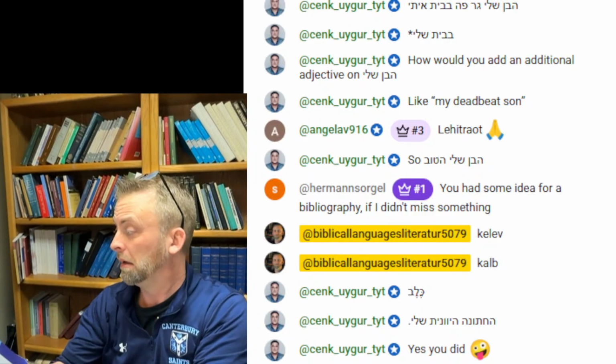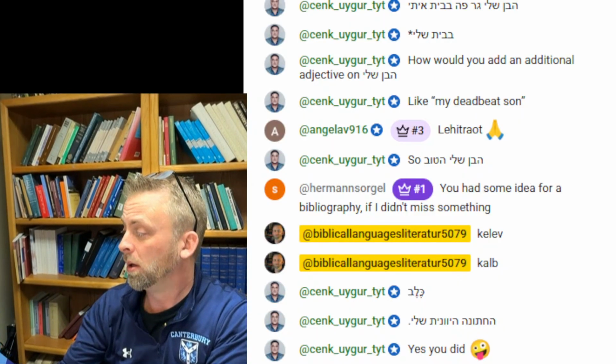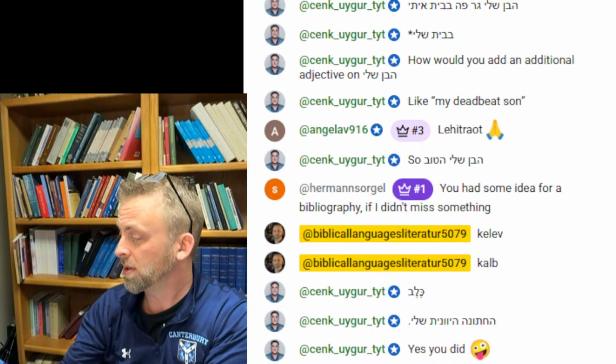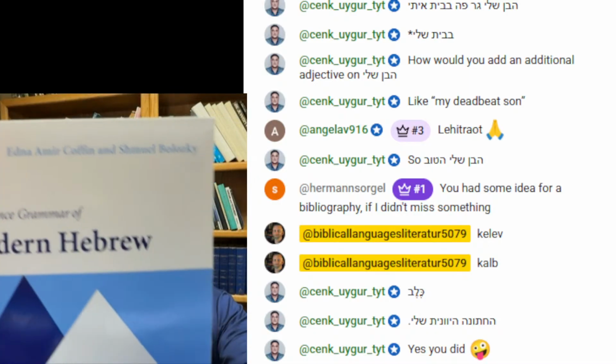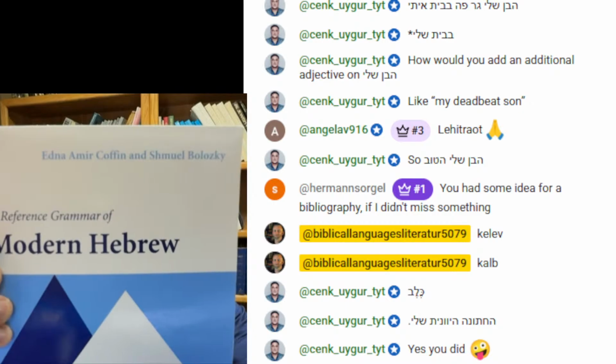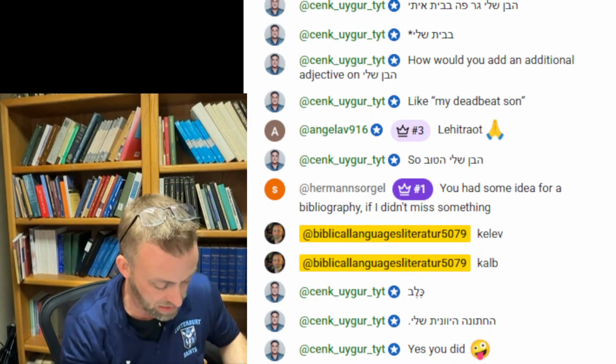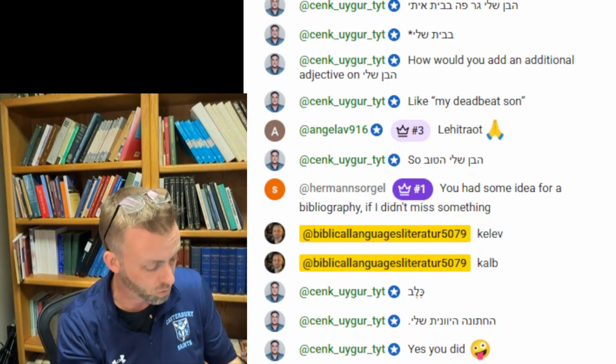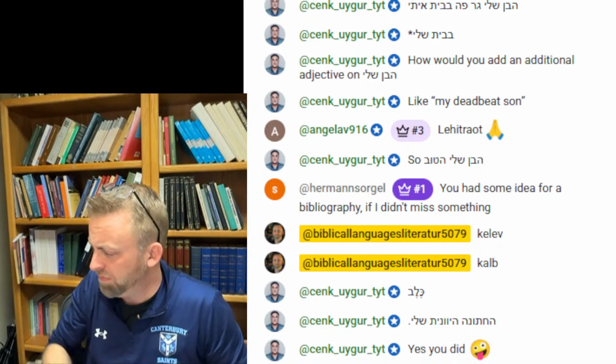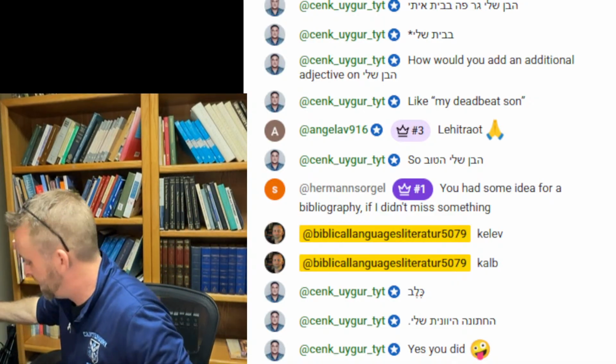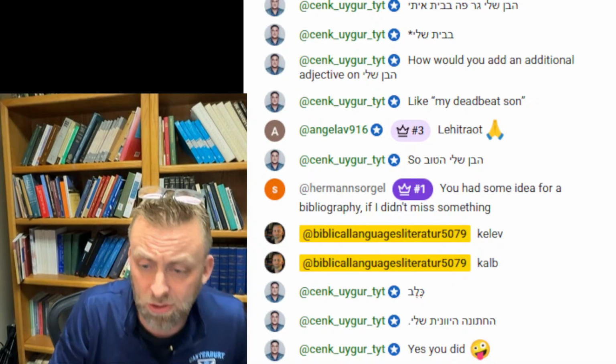I forgot who wrote it, actually. Oh, Coffin and Bolozky wrote this. And that's a fantastic grammar, very well written, I find. So anyhow, there you have it.